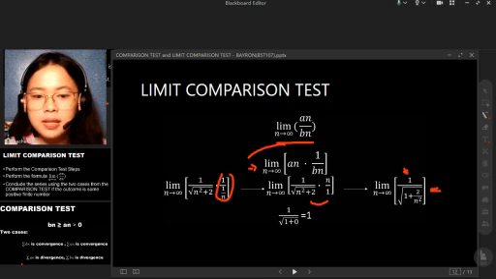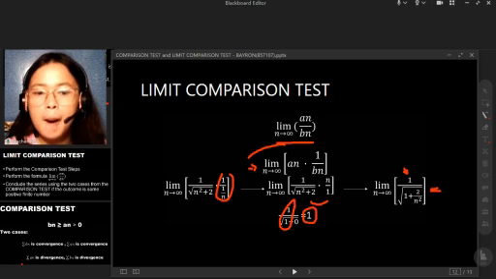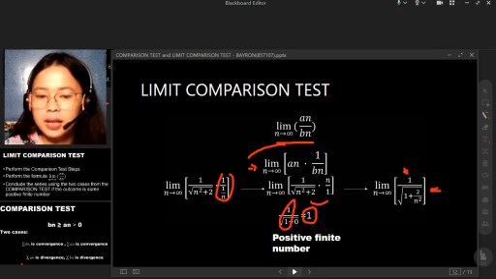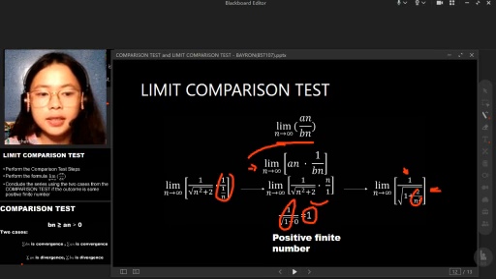So it means that it comes up with a positive 1. So it is a positive finite number.